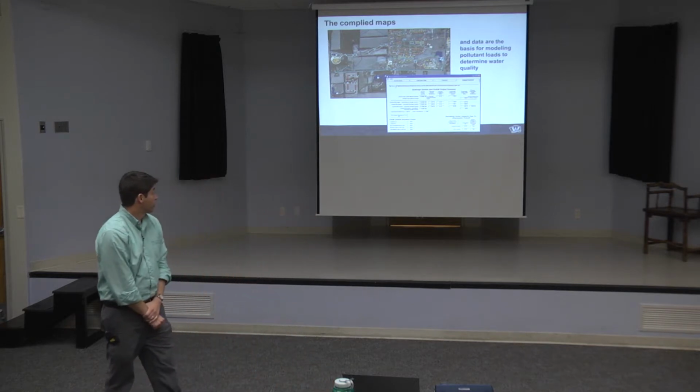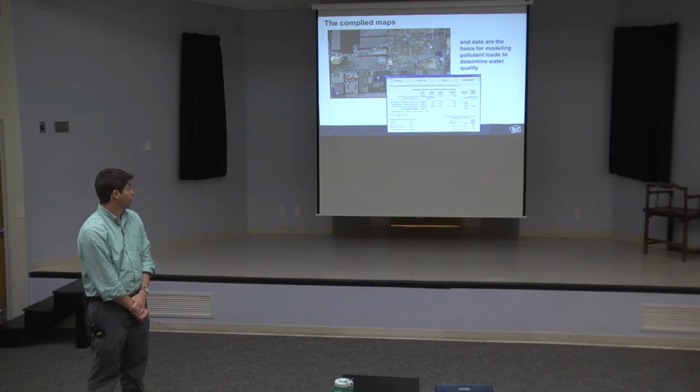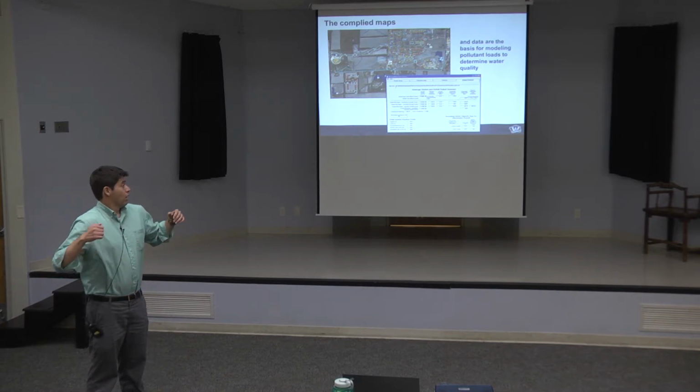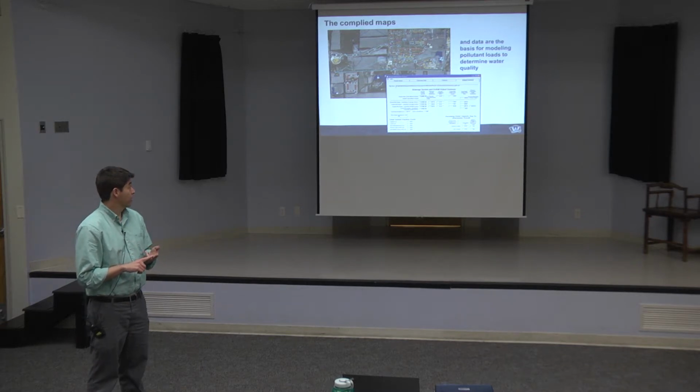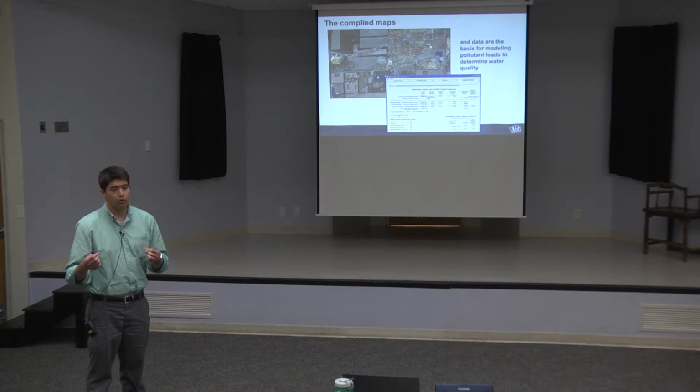The secondary use of this is that we can use GIS data to pull together information on impervious area, green space, and stormwater facilities, and we can use that to build models to model water quality.